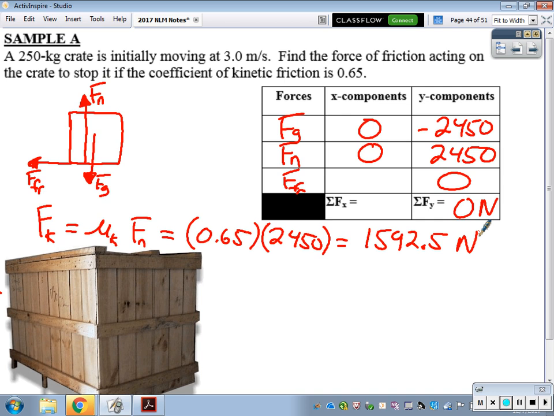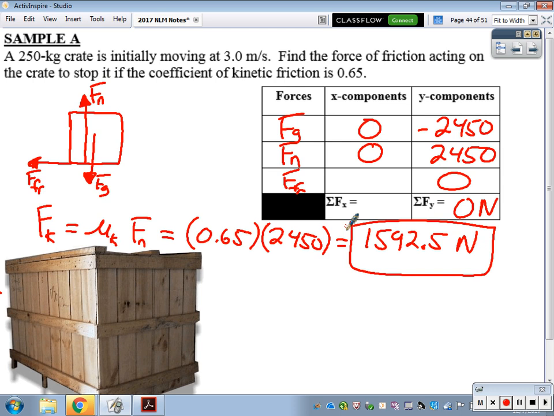Now, I understand that based on the free body diagram, some of you may want to say negative with that. Typically with friction, we're just interested in what that quantity is going to be. We'd only really have to consider the fact to be negative if we're going to use that for some sort of acceleration. Now, to give you a hint, could we do this as an acceleration problem?